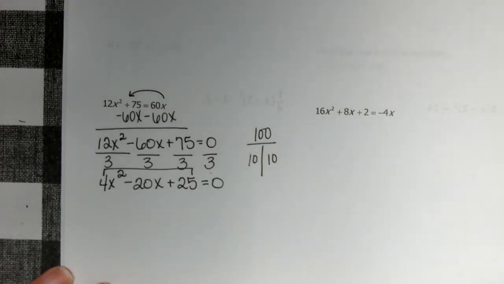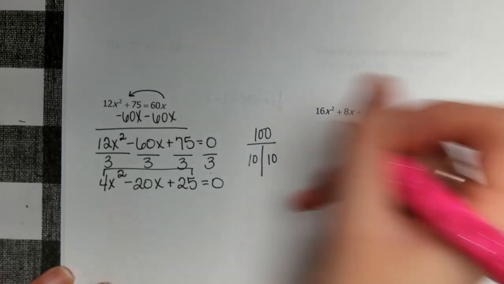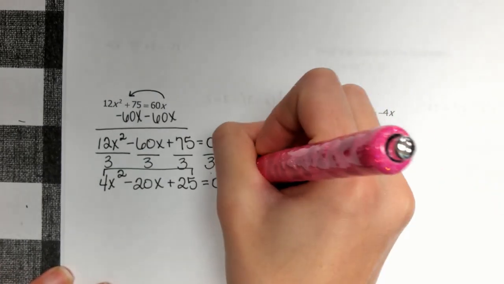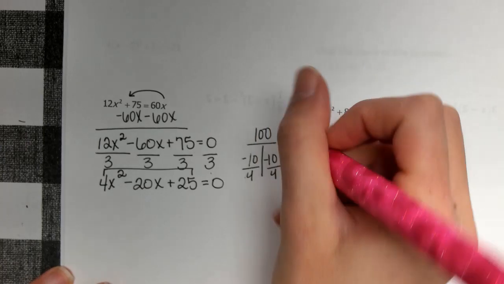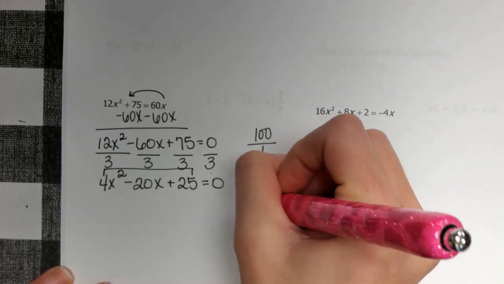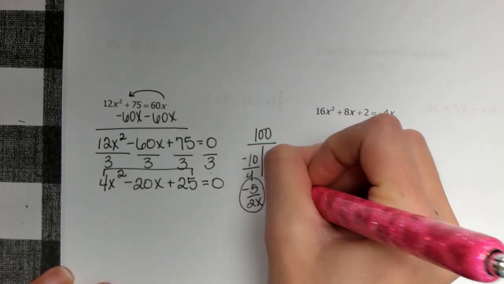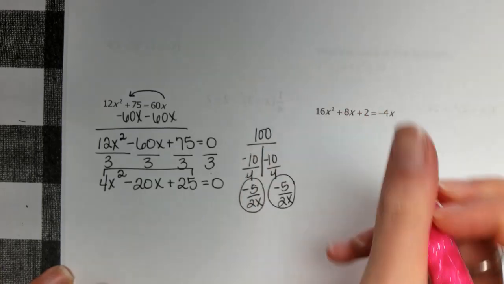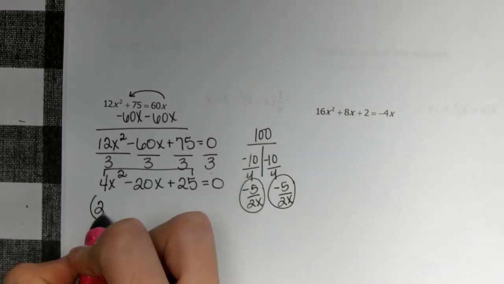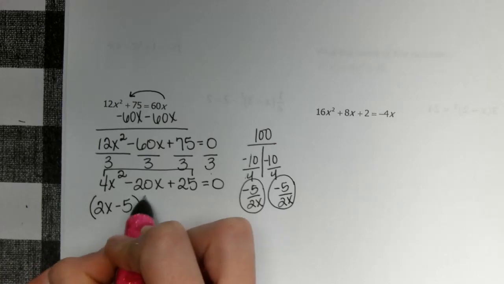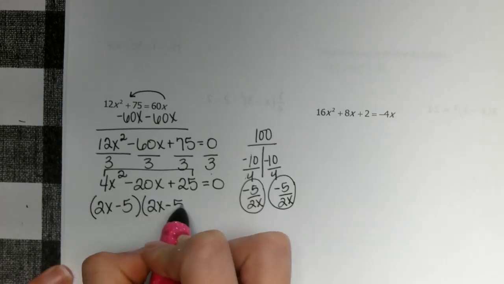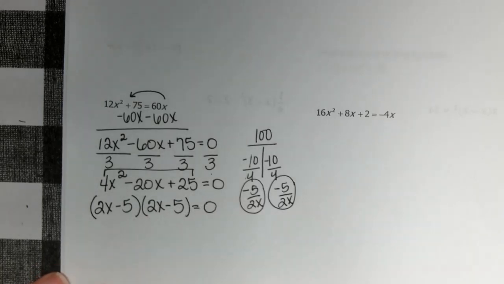They're both going to be what sign? Negative. Divide them by 4. Simplifies to negative 5 halves. So factored form would be 2x minus 5 times 2x minus 5 equals 0.